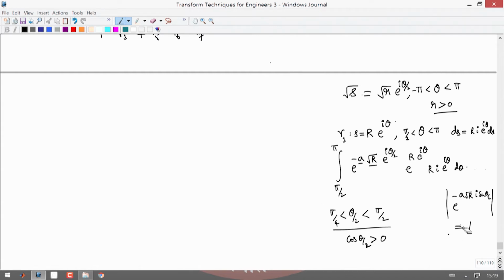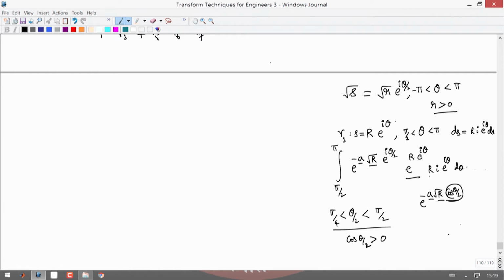So, the only contribution is cos theta by 2, e power minus a root r times a positive quantity.